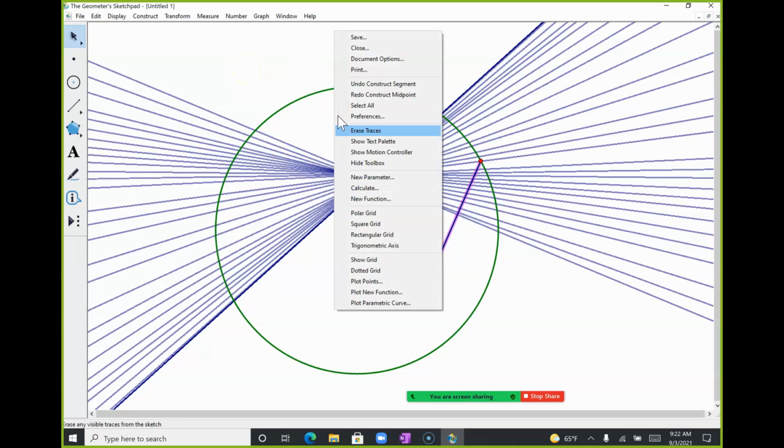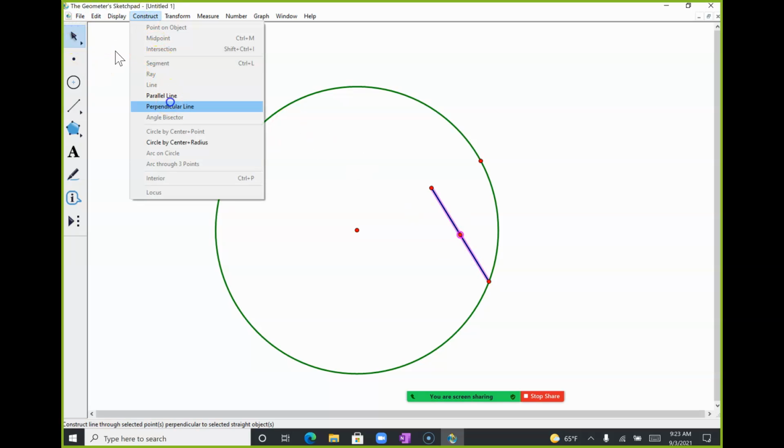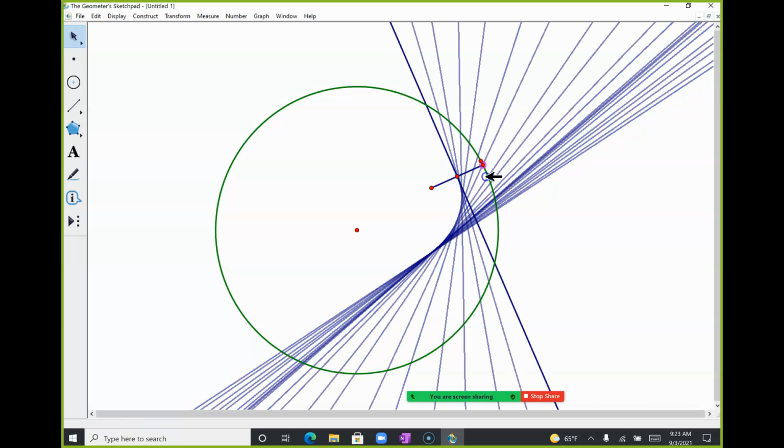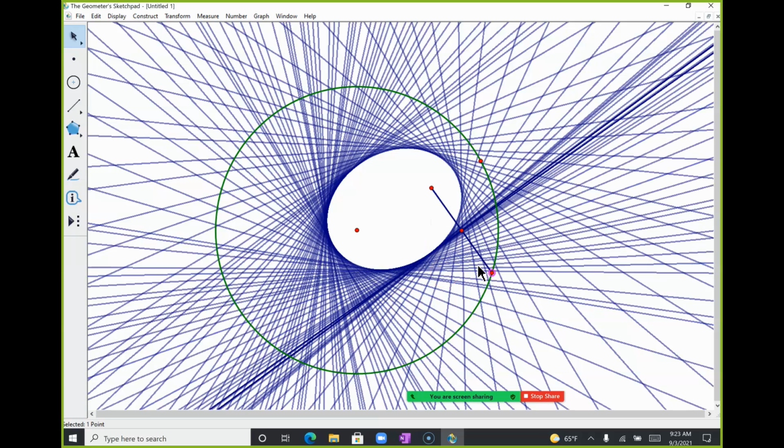Let me erase my traces. I want a line that's not going to move my circle. There we go. So I need a midpoint. I need a perpendicular. Oops. I haven't used this in a while. And I want to trace that perpendicular. And now I move this point around the circle.